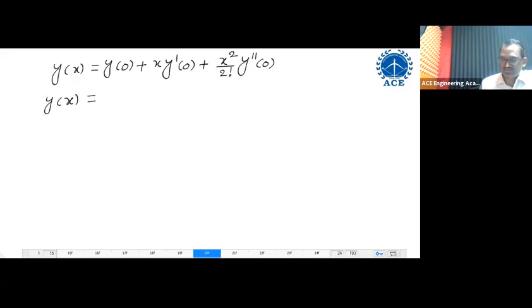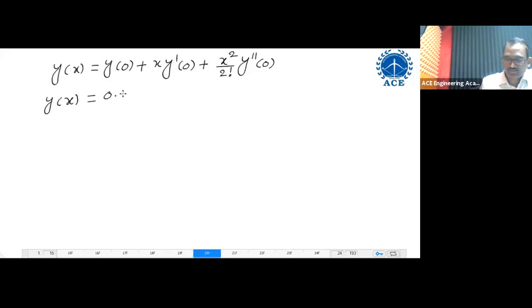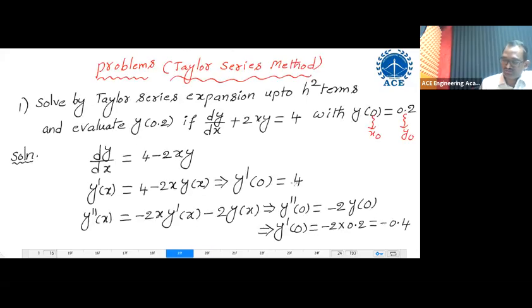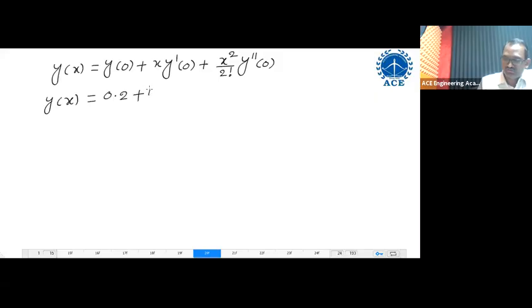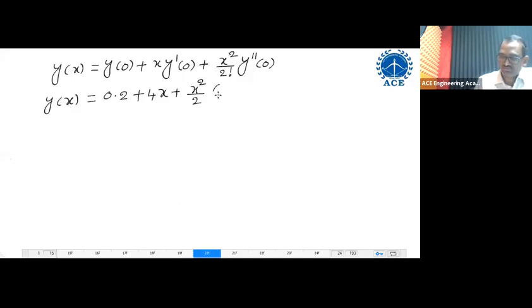y of x is equal to y of 0, and y of 0 is 0.2. Here y dash of 0 is 4, so 4x. x square by 2 factorial means the factor is 2. y double dash of 0 here, sorry, y double dash of 0 is minus 0.4.